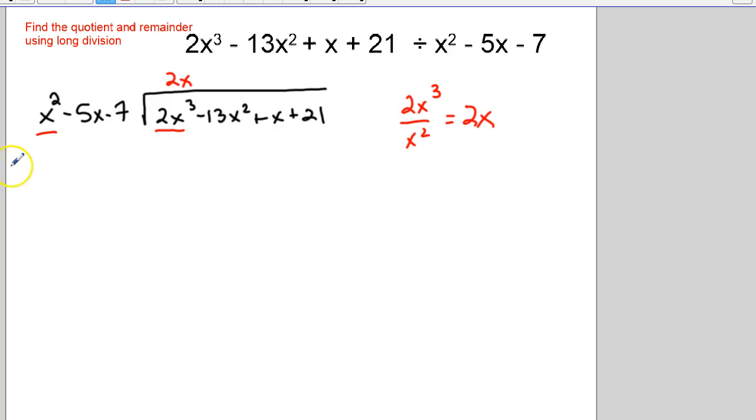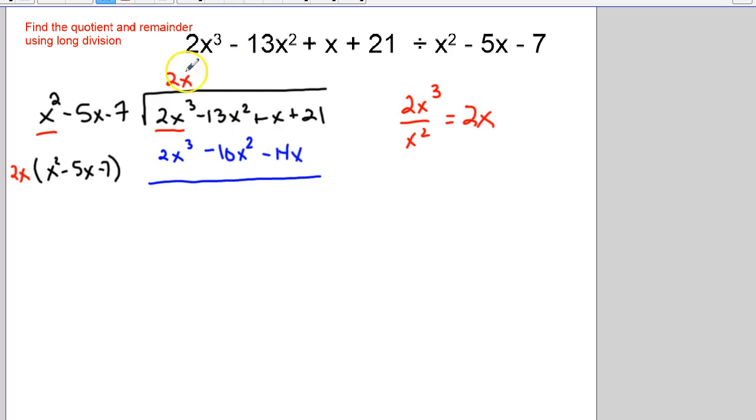Now, this distribution is going to be pretty big. I'm going to make sure that I write this out. And this is x squared minus 5x minus 7. So when I multiply, I get 2x cubed, and then I get a negative 10x squared, and then I get a minus 14x.